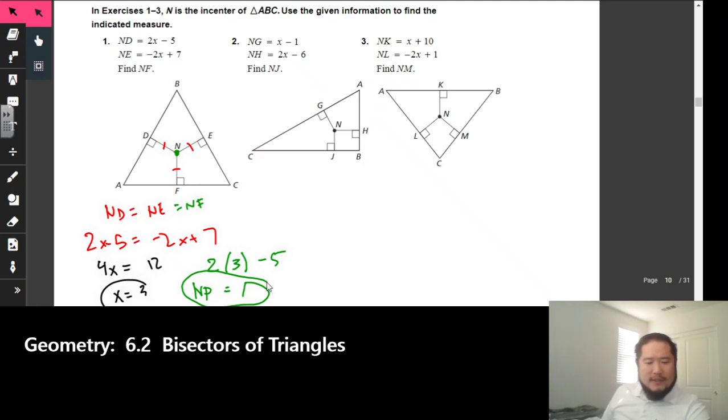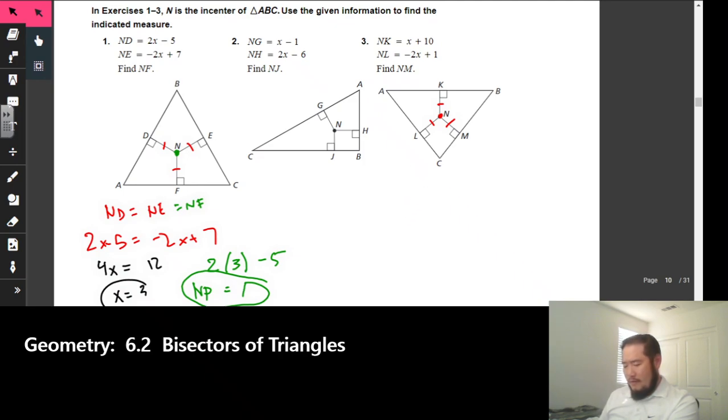All right, perfect. Let's take a look at number 3. Let's skip number 2. They said that NK is equal to x plus 10, NL right here is negative 2x plus 1. So remember, because N is the incenter, I know that these 3 segments, which are perpendicular to the sides, are all equal.